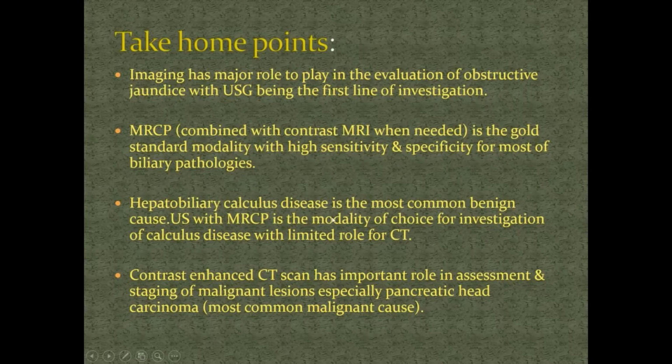The most common benign cause of obstructive jaundice is hepatobiliary calculus disease, where ultrasound with MRCP is the modality of choice, and CT has a very limited role. Contrast-enhanced CT has a very important role in assessment and staging of malignant lesions, especially pancreatic head carcinoma, which is the most common malignant cause of obstructive jaundice.